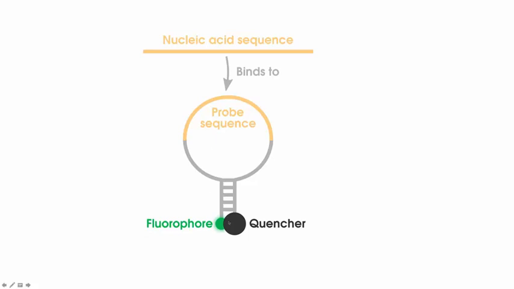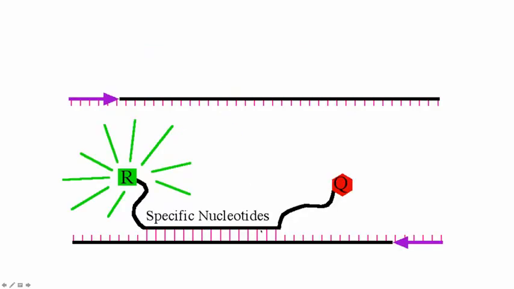And so when it's linearized, you'd have this portion of it, and then you'd have part of it binding to the DNA. So this is going to be able to bind to the DNA. And then in the 3' manner, this would be where the quencher is. So to show you what that looks like, it's going to look like this.